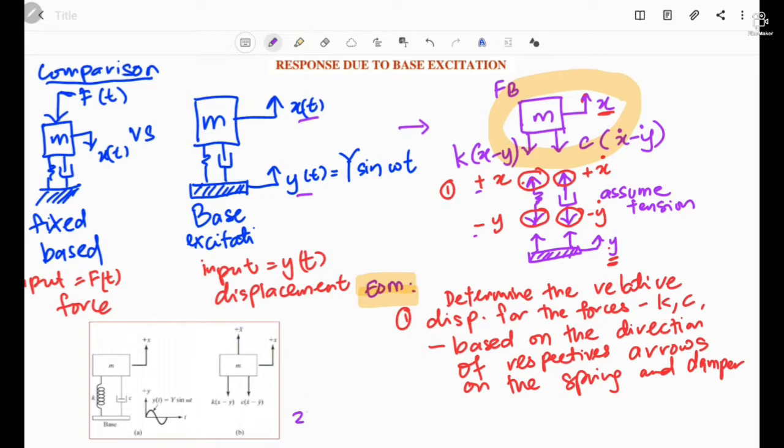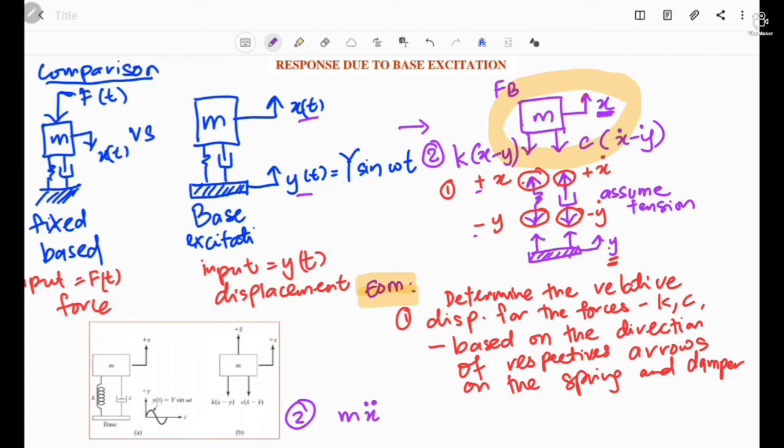The second part: you already defined all the forces related to it, so you can write your equation of motion, which is m x double dot. For m, you only have one displacement, which is x. But for the forces for k and c, you have the relative displacement of x and y.